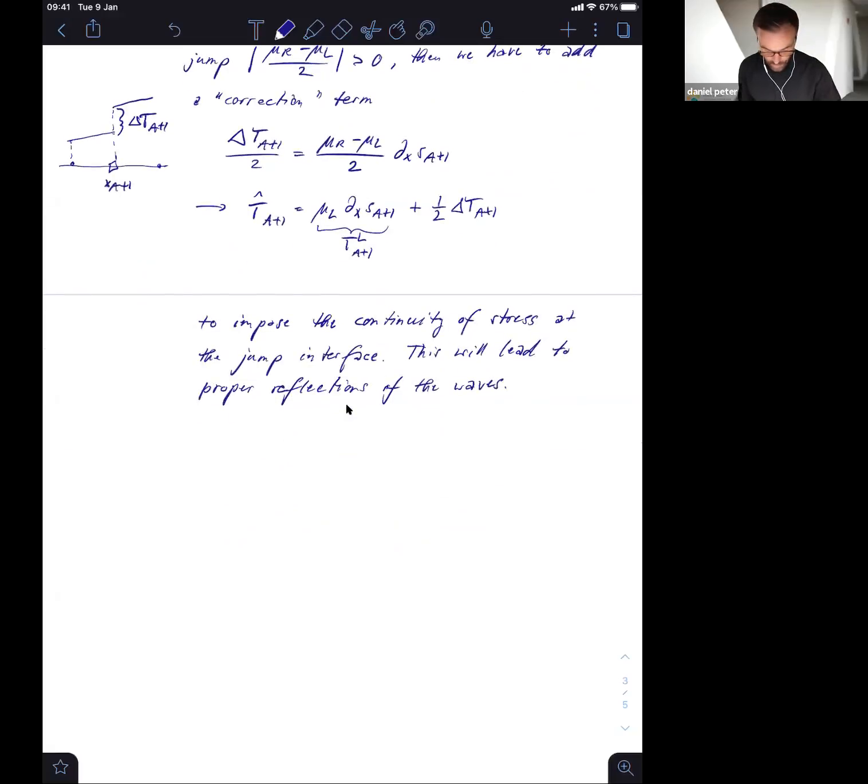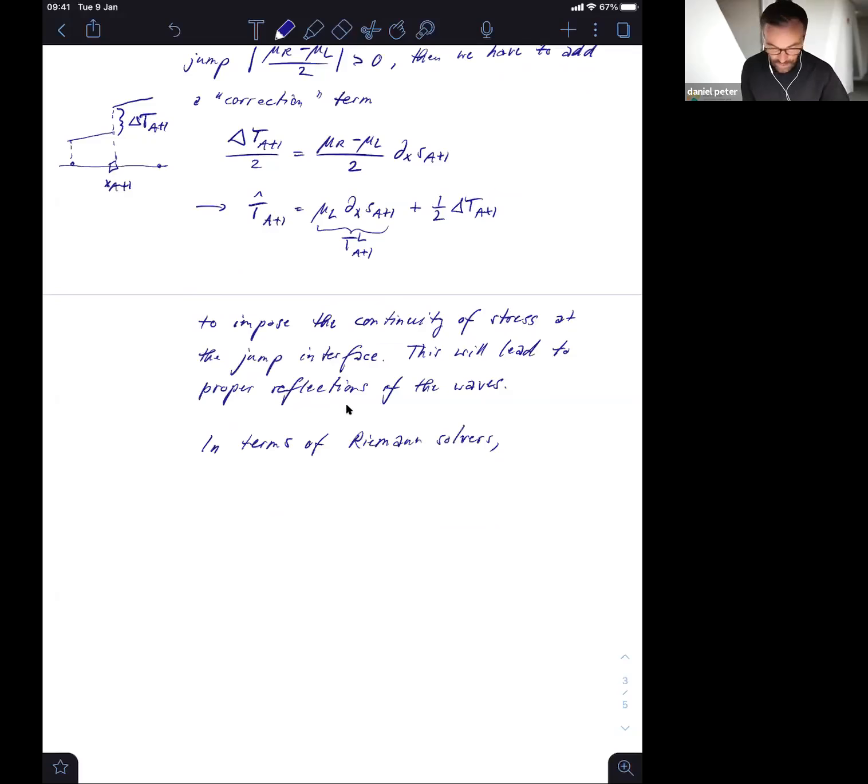And so if you want, in a finite volume world, we can write that in terms of a Riemann solver. So there are quite a bit of different Riemann solvers in a finite volume method.